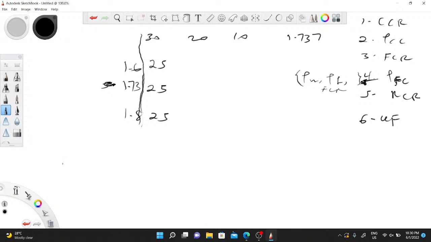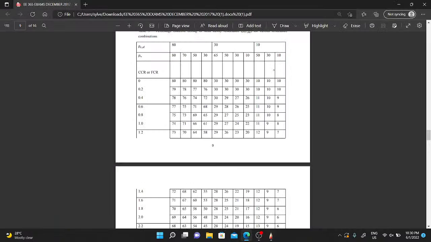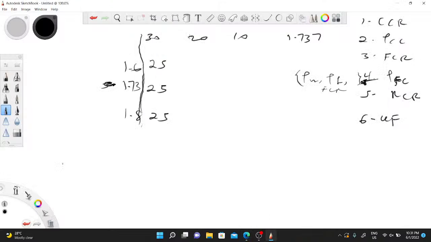And then at 10, let's check at 10 too. No, at 10 and at 50, I'm having 12, 12 here. I'm circling it, 12, 12. So I'm having 12 here, 12 here, which means here is definitely 12. So here you have to do one interpolation.